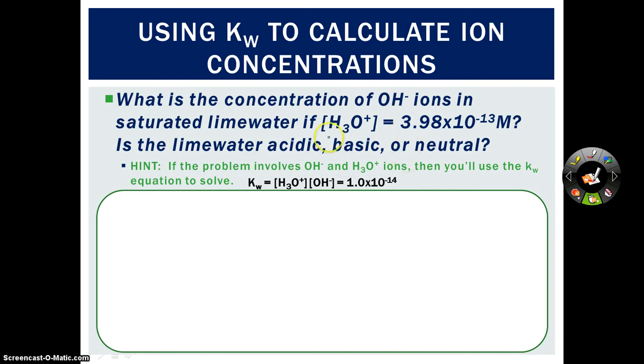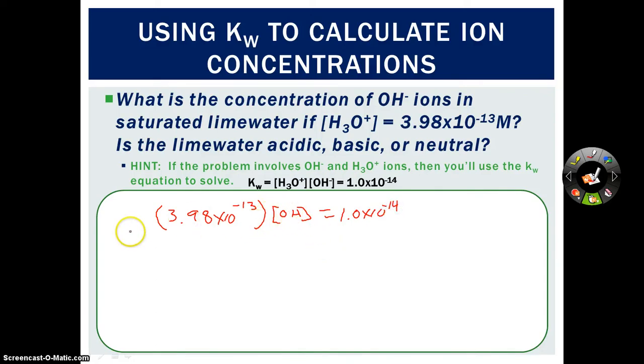So let's plug in what we know. In place of hydronium ion, we can put 3.98 times 10 to the negative 13. And then OH concentration is what I'm trying to find, so I'll leave that in there. And as always, equal to 1 times 10 to the negative 14.